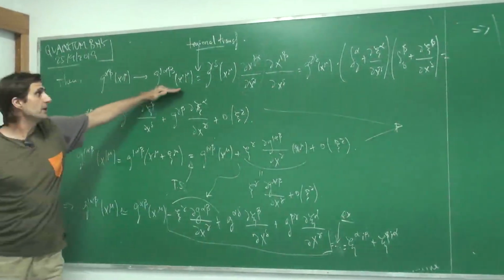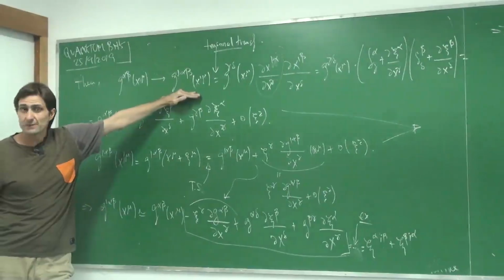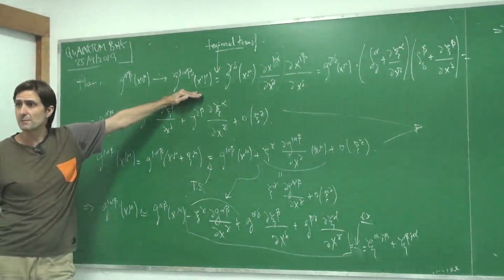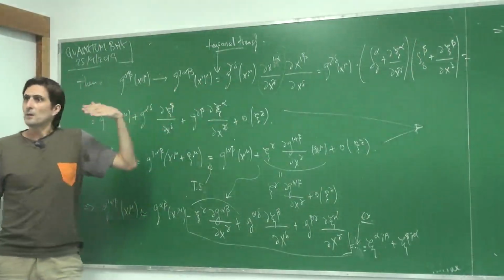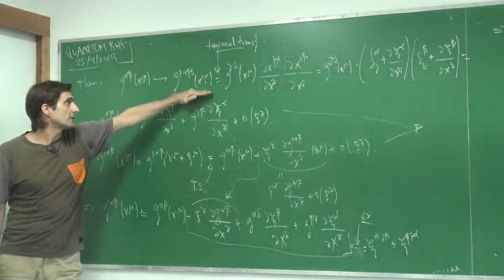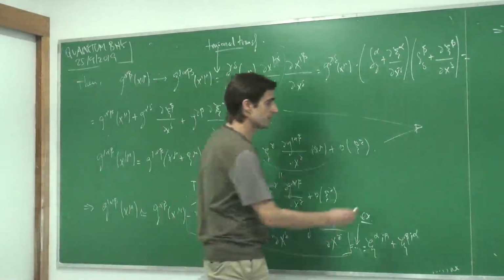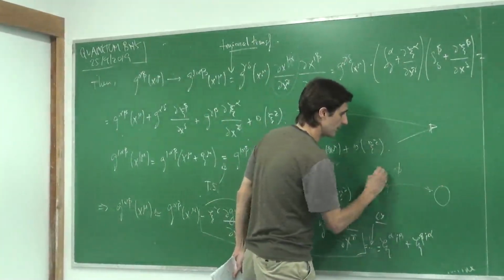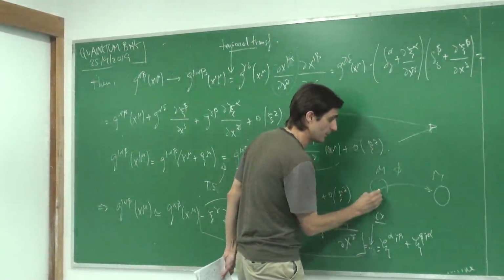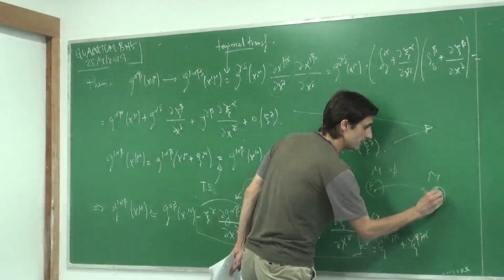Typically, the name coordinate transformation usually means a passive viewpoint, that you actually have the same point here and here. But there is another way to look at the coordinate transformation, which is via the diffeomorphism that I mentioned earlier. A diffeomorphism would take you from the manifold to the manifold, and you go from a point P to another point phi of P. So you're really changing the point.